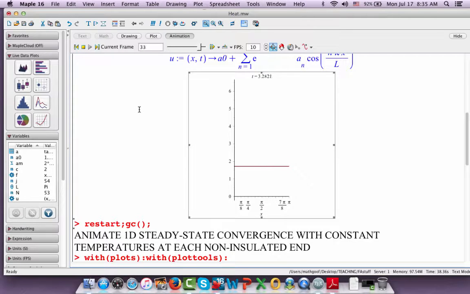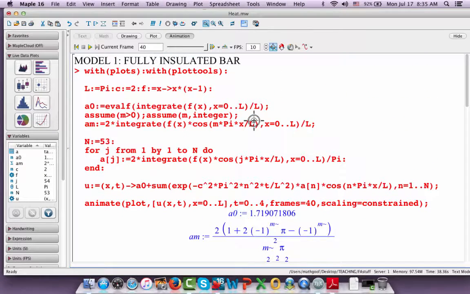I'm sorry, I said that backwards. I put a bigger value of C, so it was faster convergence, so it converged faster. If we want to see a slower convergence, we would put in a smaller number than 1, like 0.5.